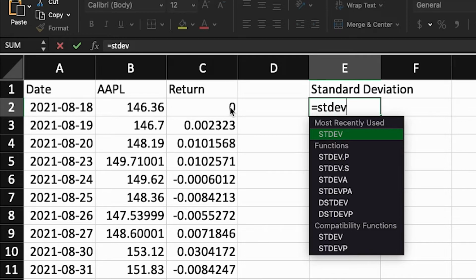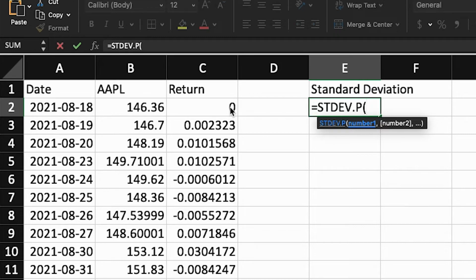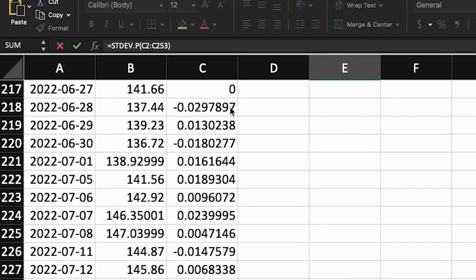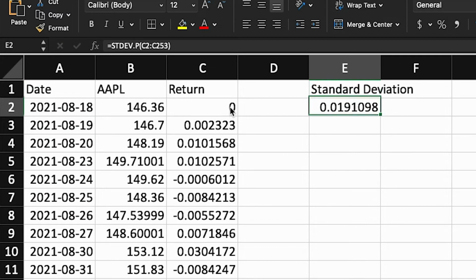Now in this case, we're going to use the standard deviation of the population, which is STDEV.P. You can also use .S, doesn't matter. And then now you need to input all the return data, which is here. And close the bracket. Now you have the standard deviation of the Apple stock for the past year.